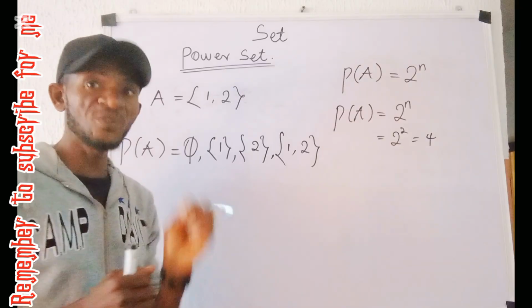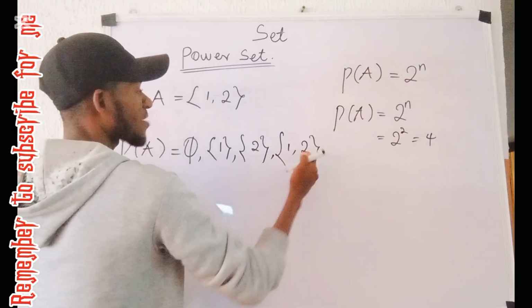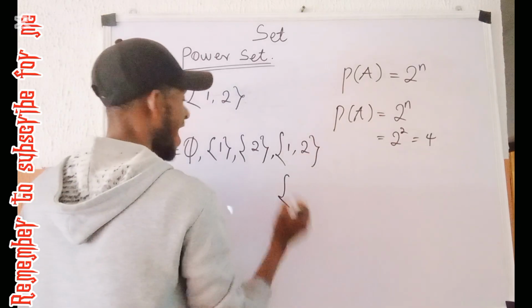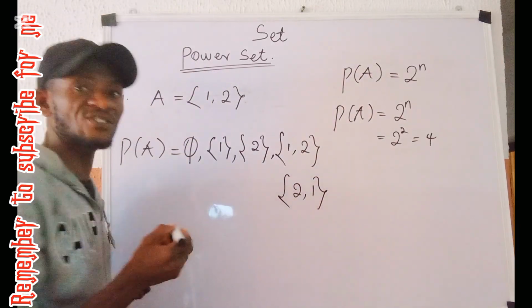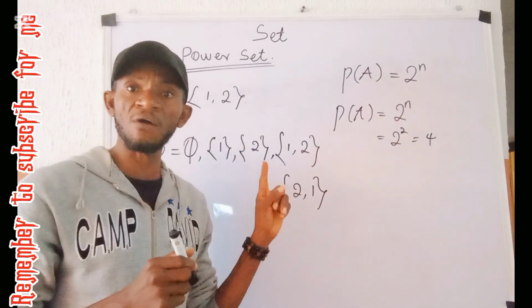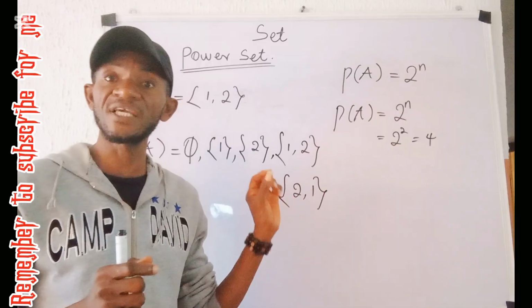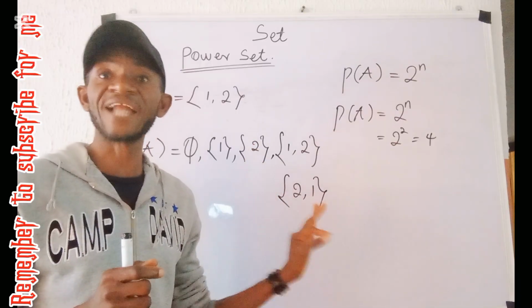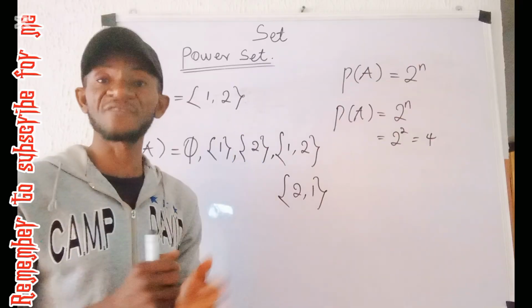And we should bear in mind that in sets, when we write 1, comma 2 inside the set, and another writes 2, comma 1, in set theory they mean the same thing, because the position of the elements inside the set does not change the cardinality of the set and doesn't change the value of the set.